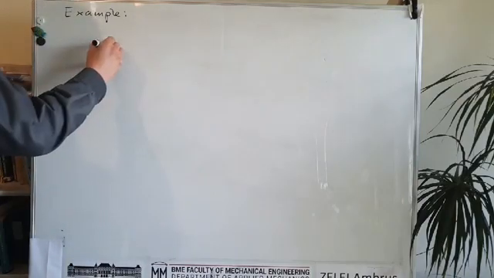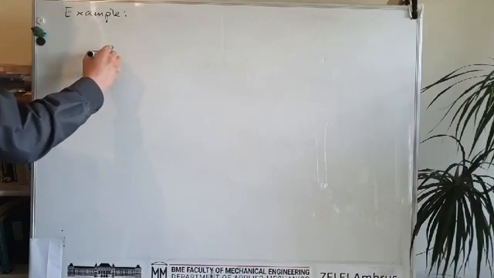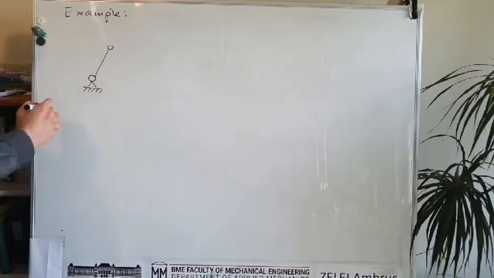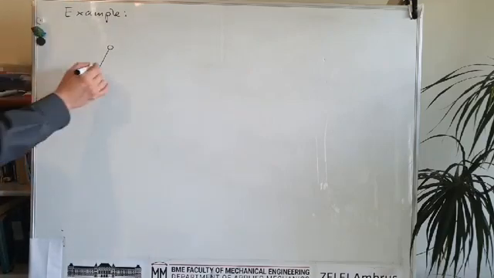So we have a mechanism for which there is a straight bar here, and basically we say that this is the input motion.